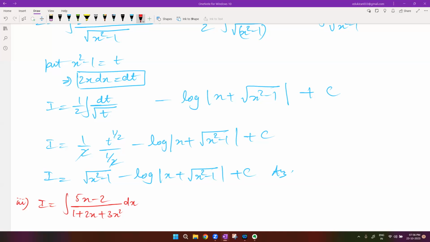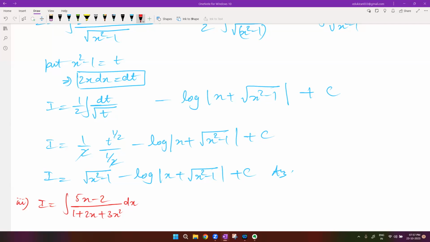What's the value of a and what's the value of b? Anyone?